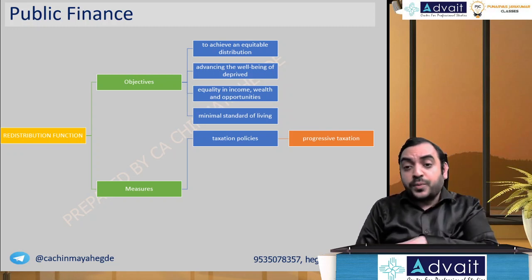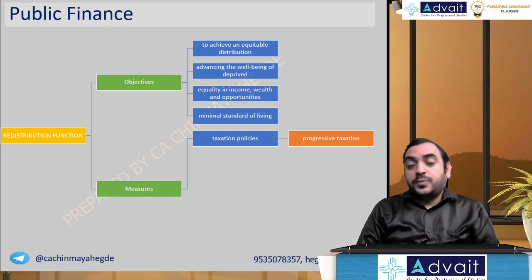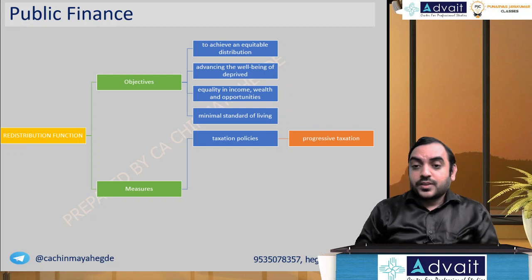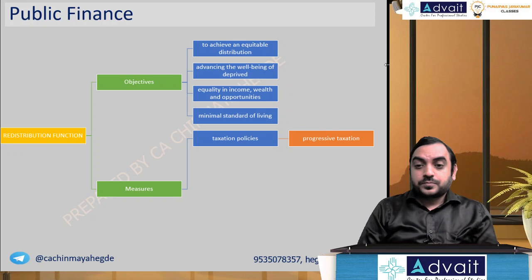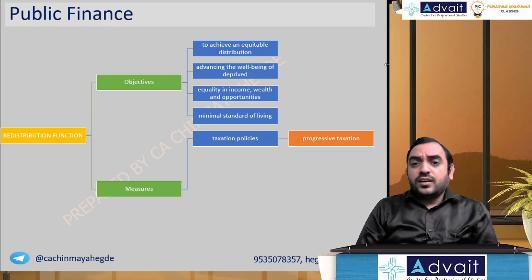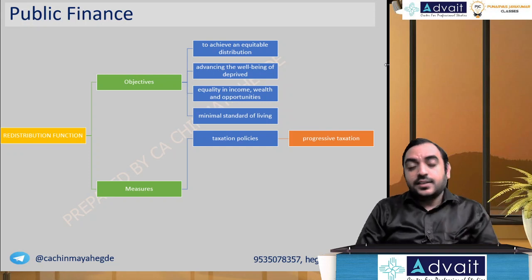Rich also have to pay something. The poor also have to pay something. The same cost will be there in the products. Earning more is a sin? No, that is a wrong mindset. Earning more is not sin. Earning more will be sin when your tax exceeds income. You earn 100 rupees, you pay 50 rupees tax, or you pay 30 rupees tax, that's fine.